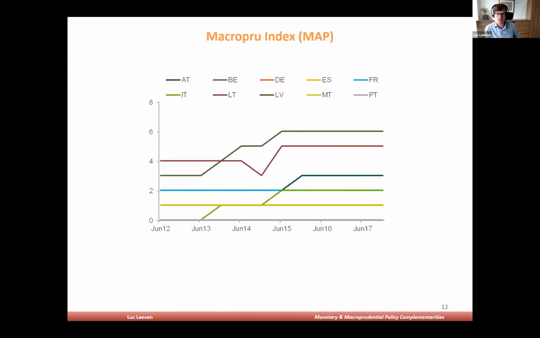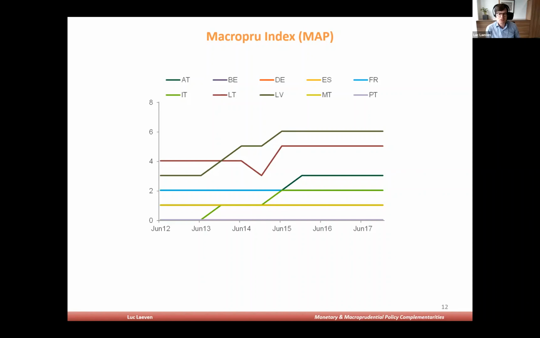So the Macroprudential Policy Index does not vary so much over time. It does in some countries as measures are adopted, and that's simply because in some countries macroprudential policy, even to this day, has not been used very much, but in other countries like Latvia, Lithuania, but also Austria, where there have been housing booms, etc., many measures have been put in place.